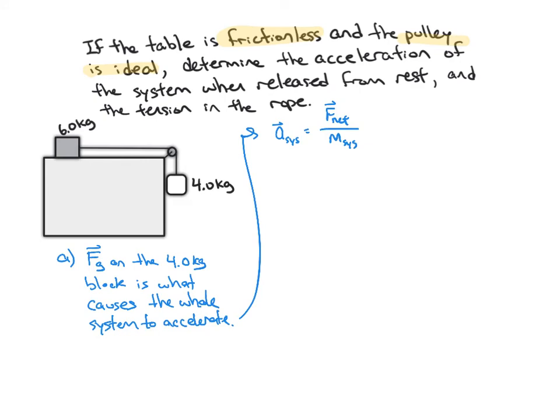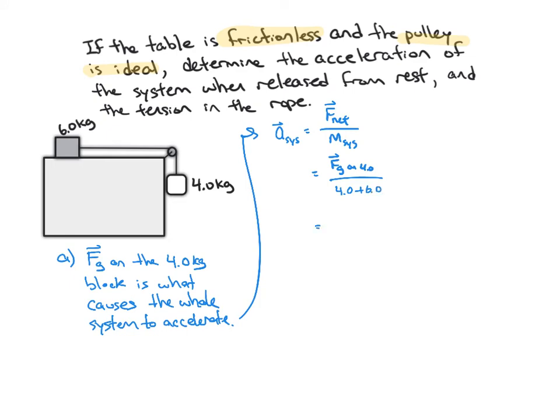Okay, the net force on the system is simply going to be the force of gravity on the 4 kilogram block, whereas the mass of the system is going to be the sum of the two masses together, 4 plus 6.